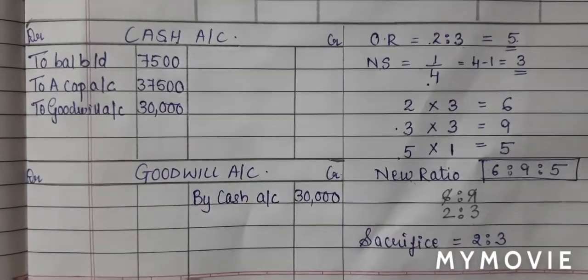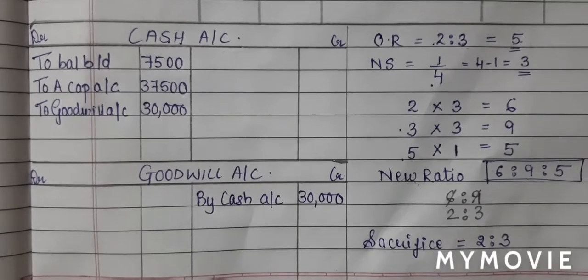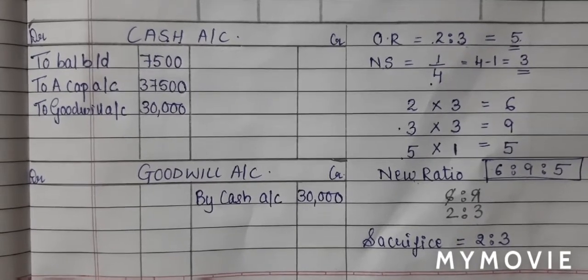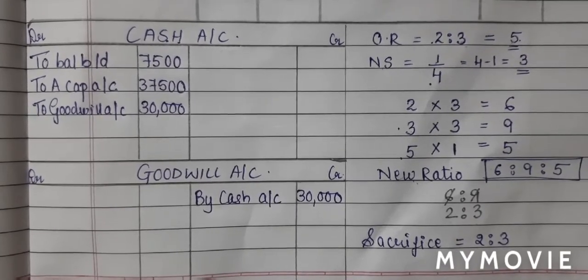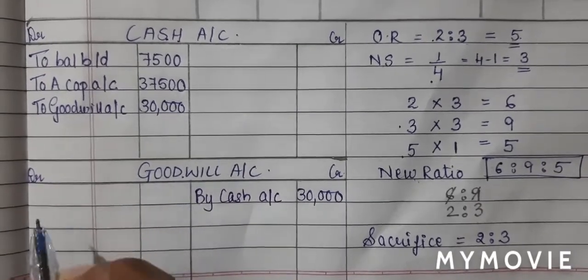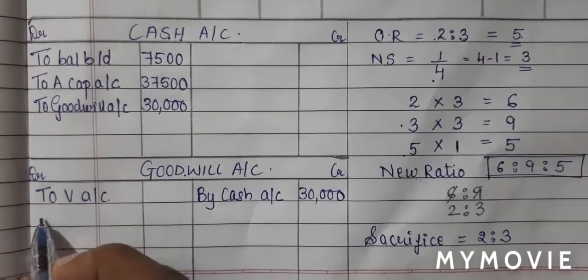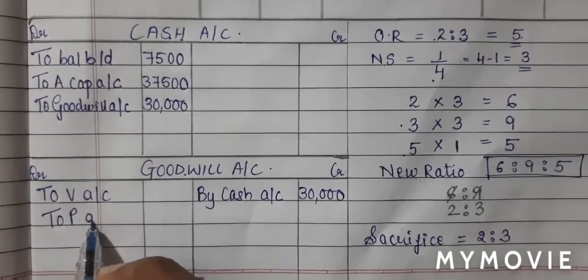This is my first journal entry. My second journal entry is goodwill account debit to old partners in sacrifice ratio. So let's do the posting of it. Goodwill account debit to old partners, that is to Vikram account and to Pradnya account.